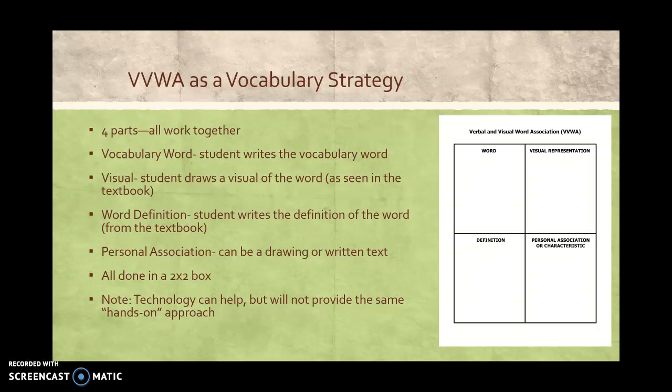With the definition, it is very important that the student writes the definition of the word from the textbook, because if they get the definition from just a dictionary, it may have a different meaning. And then the last part is that the student will write a personal association or characteristic of the word, and it can be a drawing or written text or both, and this is all done in a 2x2 box.